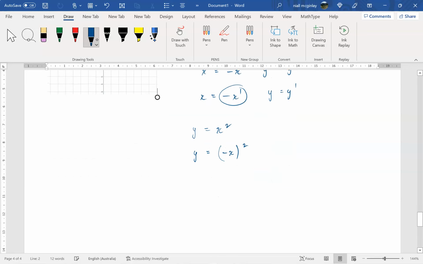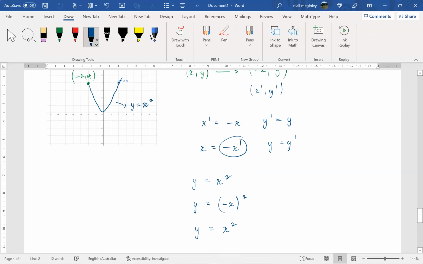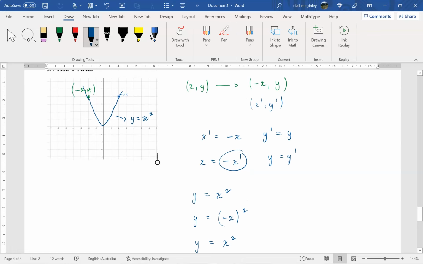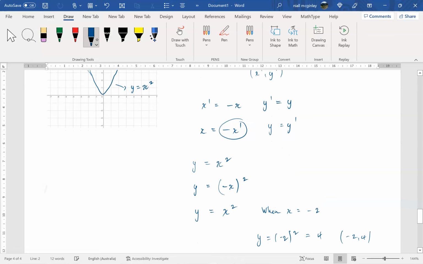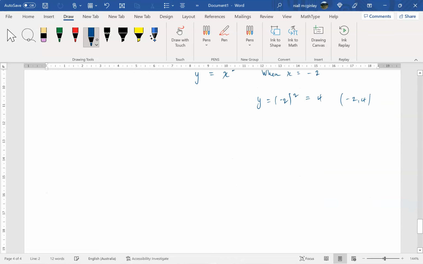And you'll see what happens here is because you're squaring a negative, it's going to have no effect, and that should make sense from the graph as well, that when you reflect, this section here will be reflected here, this section here will be reflected there, so to all intents and purposes it will have no effect on the function. And we just make sure that when x equals negative 2, y is going to equal negative 2 all squared, which is going to be 4, and that transformed point will lie on your transformed function.